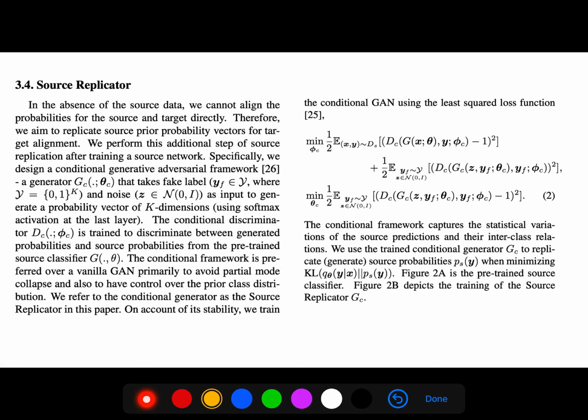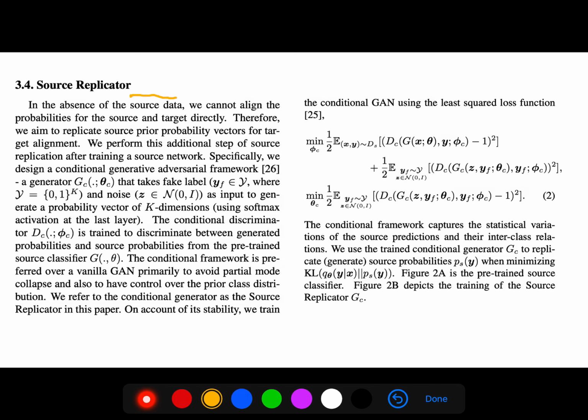And then we have the source replicator. In the absence of source data, because the companies don't give us source data, but they share the source model, we cannot align the probabilities of source and target directly. Therefore, we aim to replicate source prior probability vectors for target alignment.